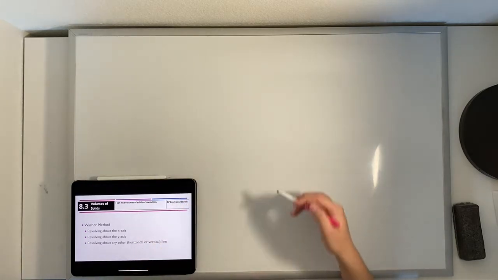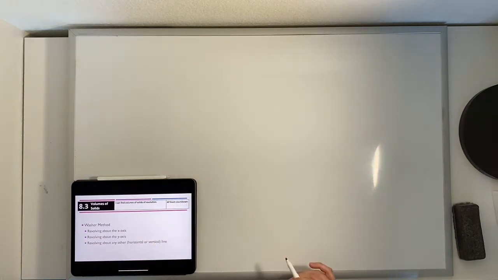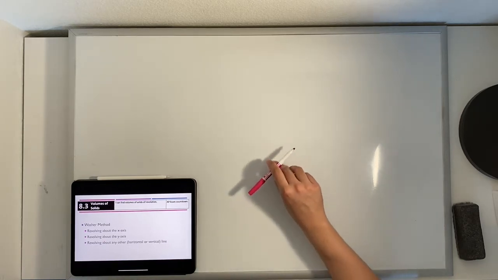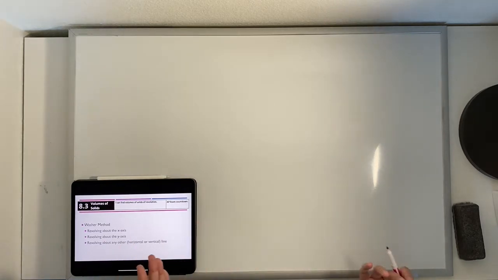Now, we have been discussing the washer method for finding volume of solids of revolution. We talked about revolving about the x-axis and the y-axis. Today we're going to talk about revolving about any other horizontal or vertical line. Don't worry, we're not really going to get into actual diagonal lines here.